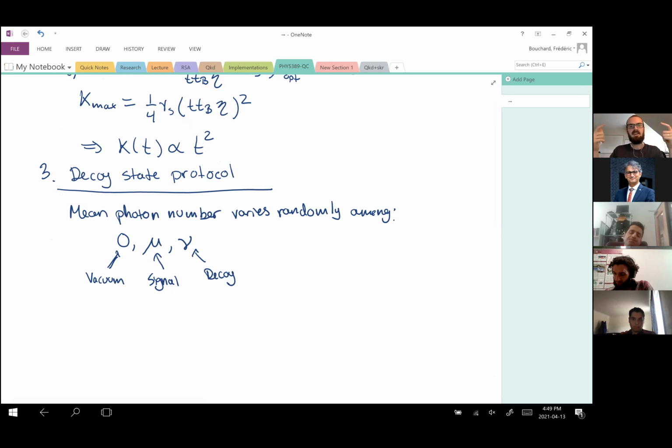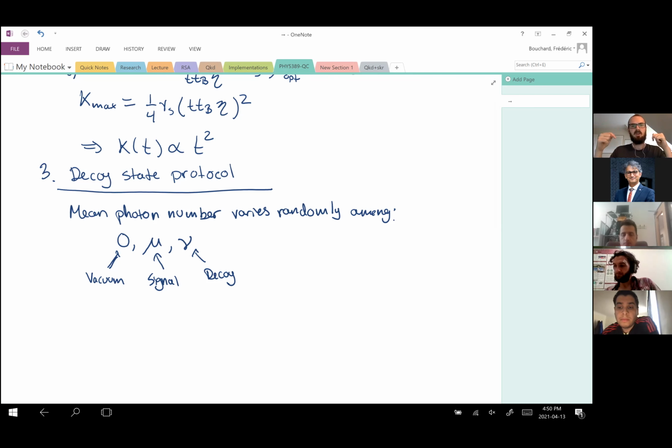And then at the end, when they call each other to compare bases and these kinds of things, they'll also compare the error rate when Alice sends a signal state, a decoy state, or a vacuum state. In general, you can do this with just a signal and a decoy, or you can use more decoy states, which will make your experiment more efficient, but that's the most well-known: the vacuum, signal, and decoy state.